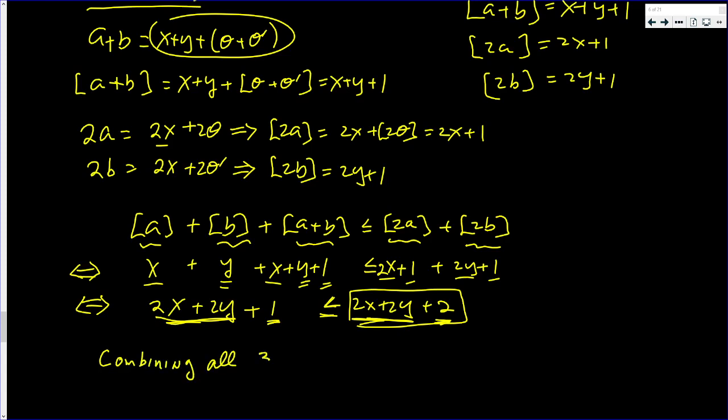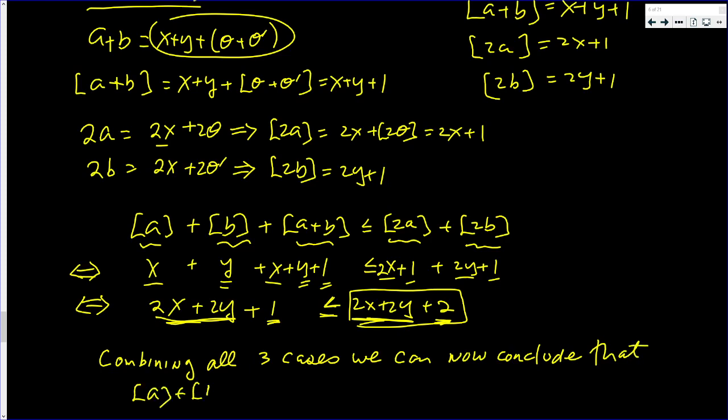Combining all 3 cases, we can now conclude that the greatest integer of a plus the greatest integer of b plus the greatest integer of the sum is less than or equal to the greatest integer of 2a plus the greatest integer of 2b. In 2 of the 3 cases, just the equal was enough.